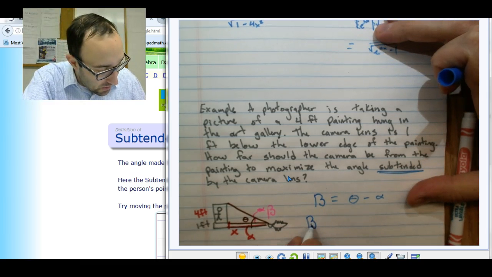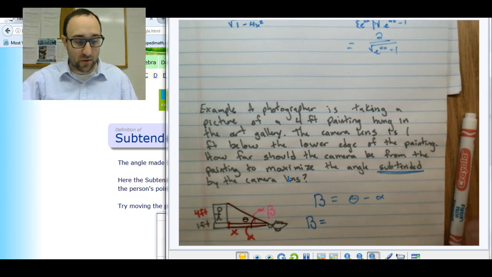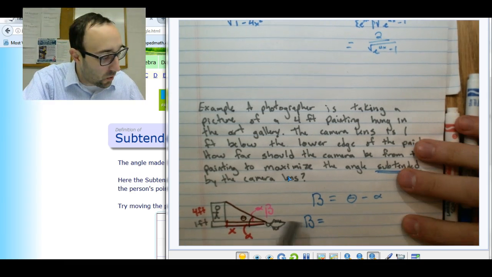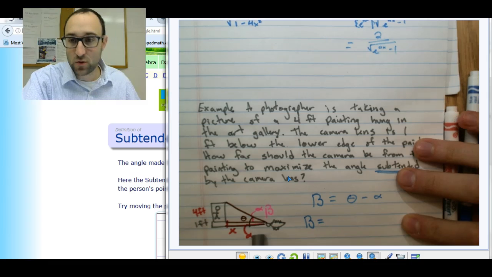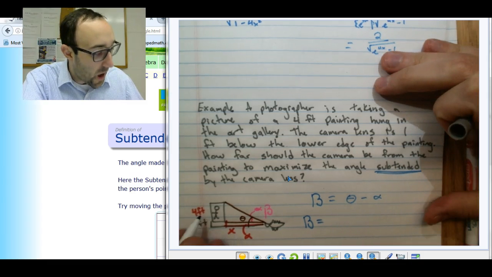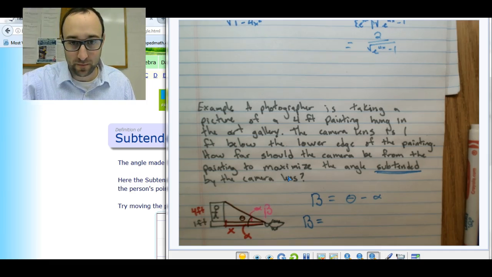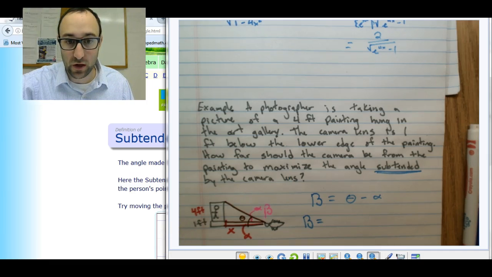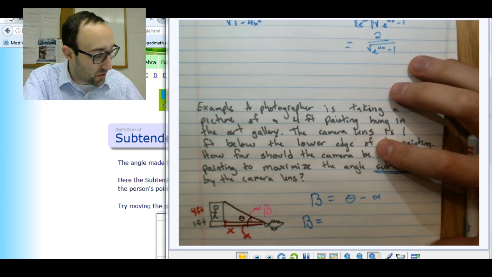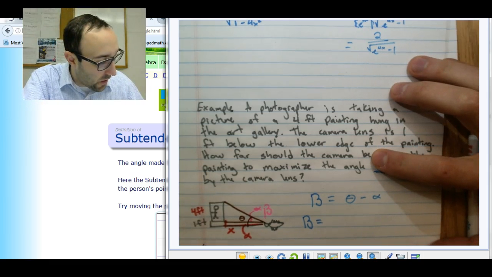So beta is going to equal, well, theta I can write out. If I can figure out that angle, I know the opposite and I know the adjacent, so I can use tangent. So for theta, opposite over adjacent will work out. I know for theta, opposite is 5 and adjacent equals x.